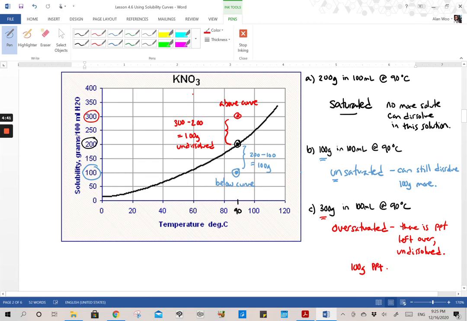Now, if you're looking at this very carefully, solubility curves can only tell us whether a solution is saturated, unsaturated, or oversaturated. It cannot tell us if a solution is supersaturated.